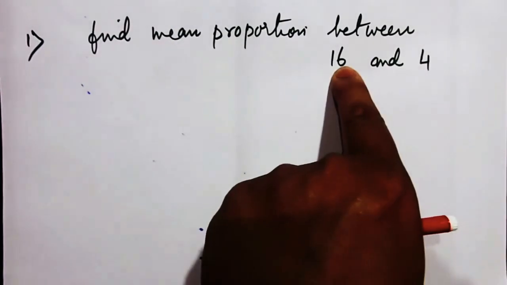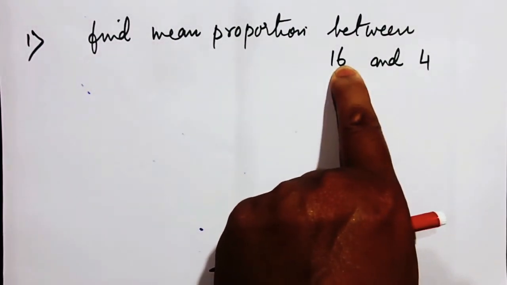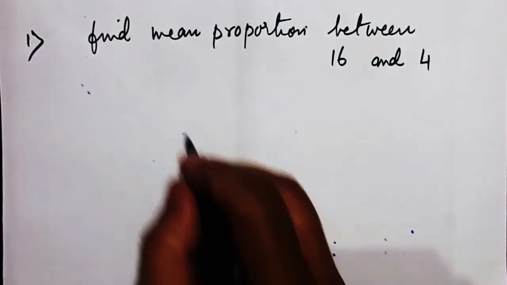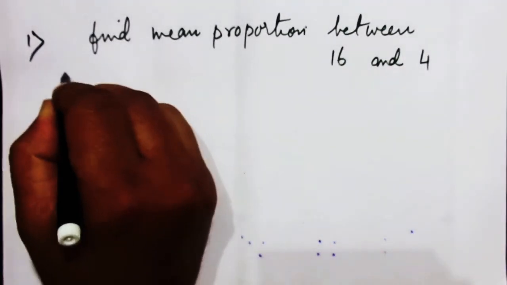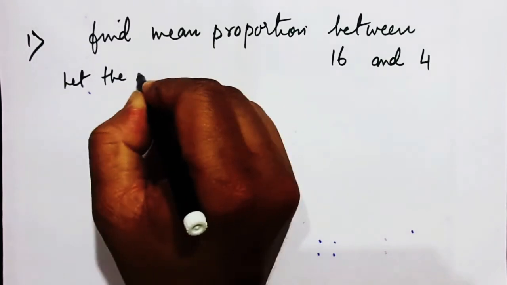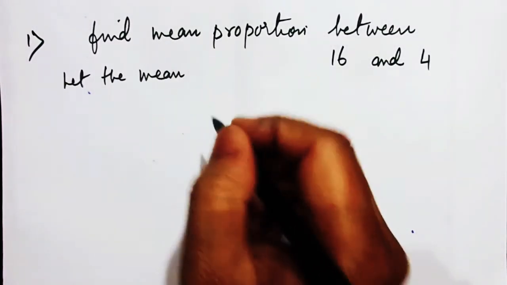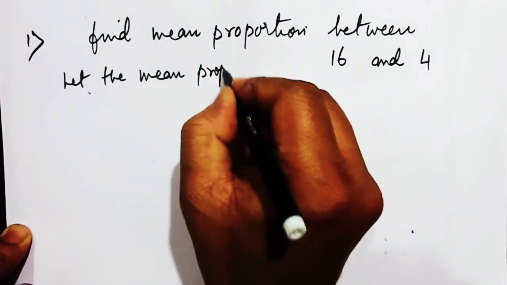So the mean proportion will exist between 16 and 4.